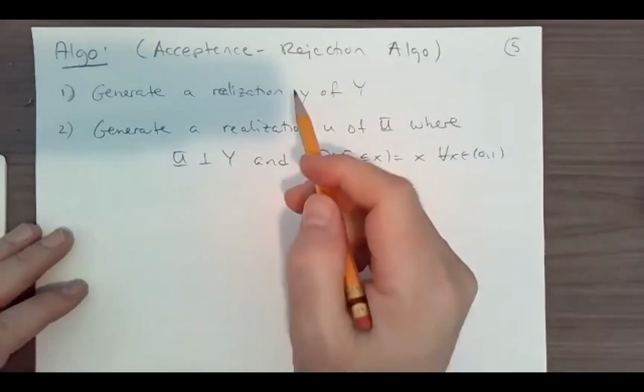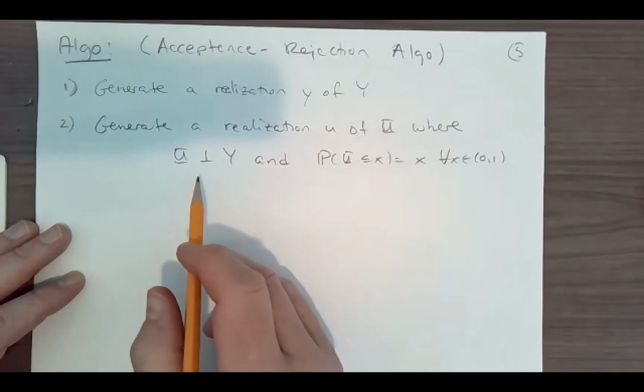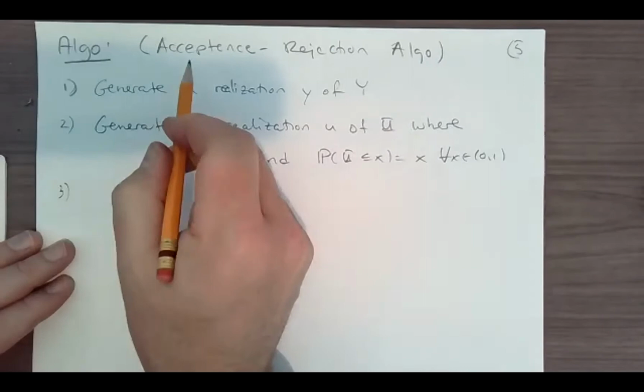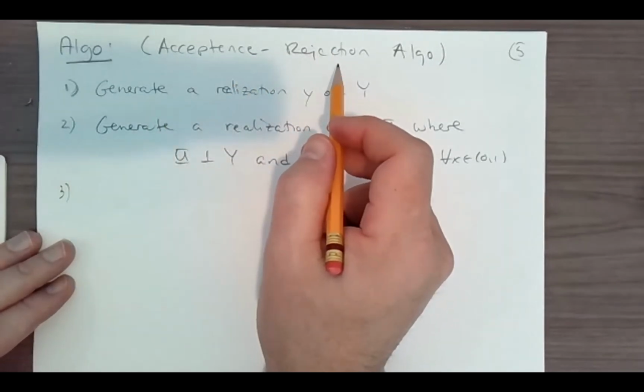Okay, so that's easy enough. You can generate a y of Y, and you generate a u of capital U. These are independent, and U is uniform. So now comes the crucial step. This is when you get into this acceptance, rejection part of the algorithm.